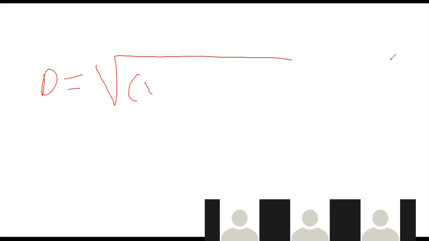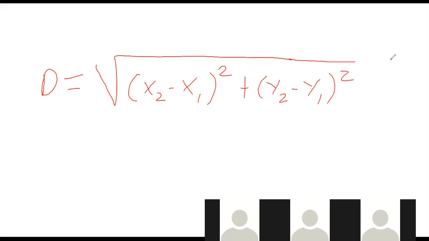All right, so can we see the whiteboard? So this is the formula for distance. We should have x2 minus x1 squared, and then y2 minus y1 squared, all under a square root.